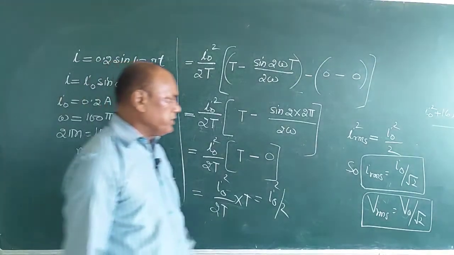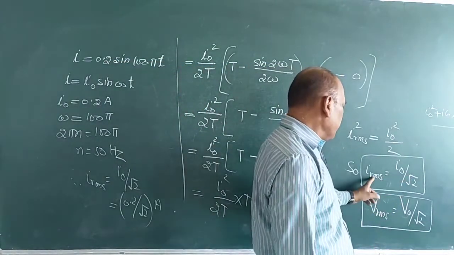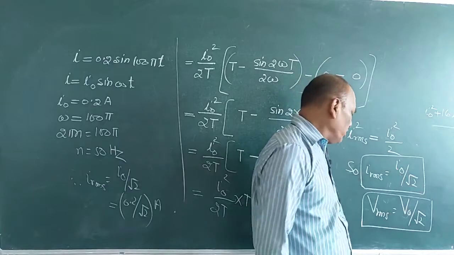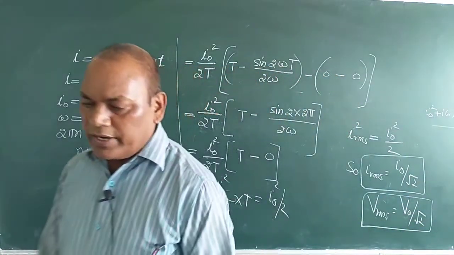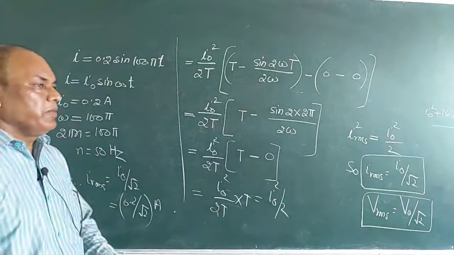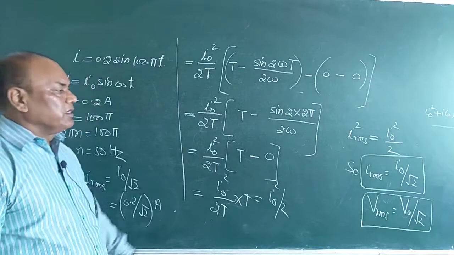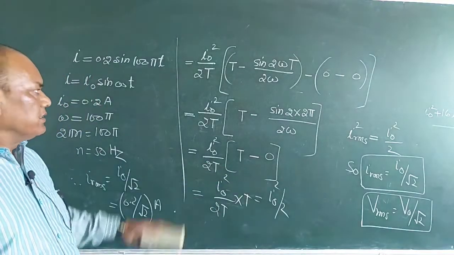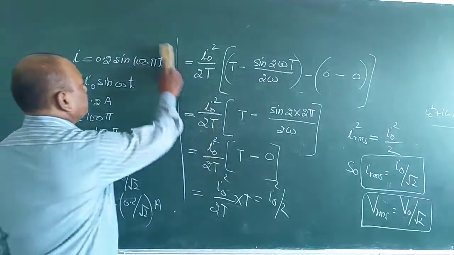So with the help of this formula, we can find out the value of IRMS and I0 or VRMS and V0. This is very important for examinations, because you may be asked to derive this relation, or several questions may be set on it.